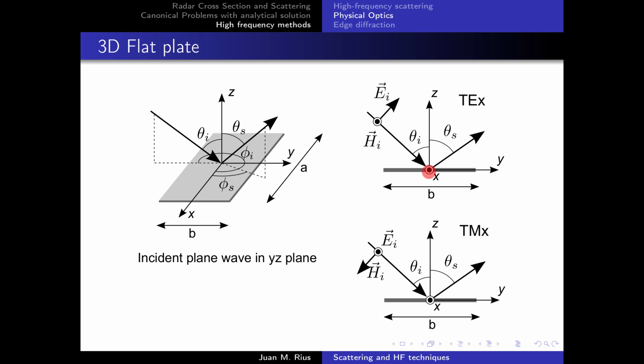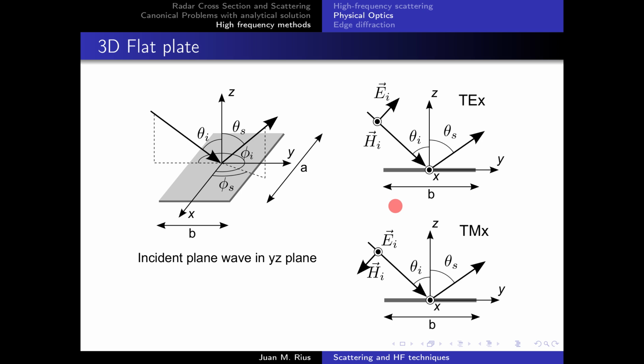Here the x direction is perpendicular to the paper, so TEx has electric field perpendicular to the x direction, so the electric field is in the plane of the paper, and TMx has magnetic field perpendicular to the x direction, so the electric field is parallel to the x direction.